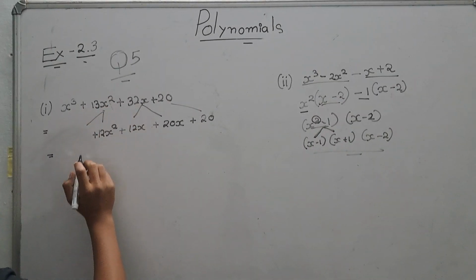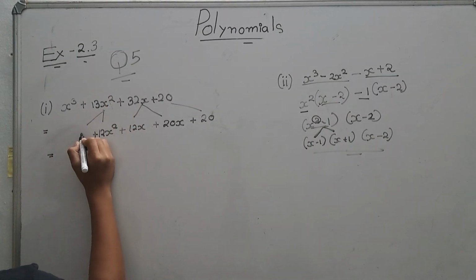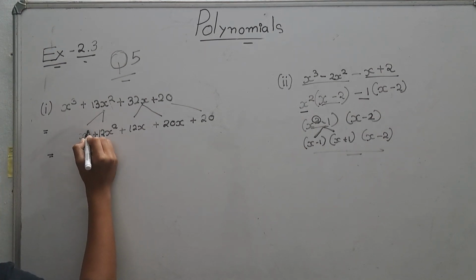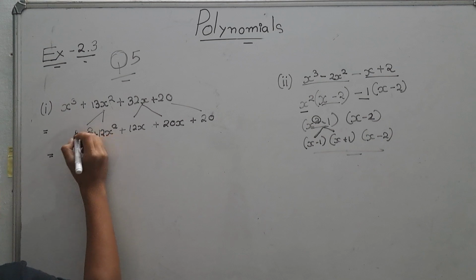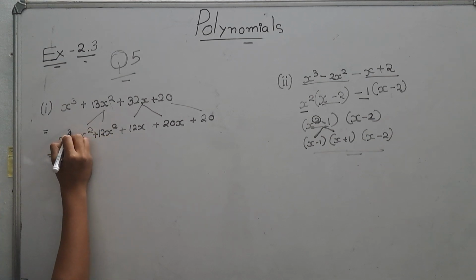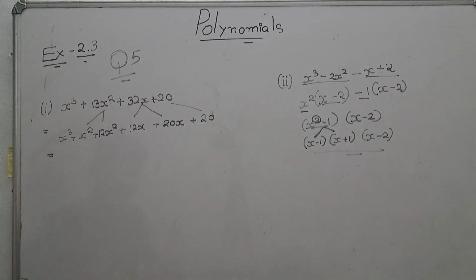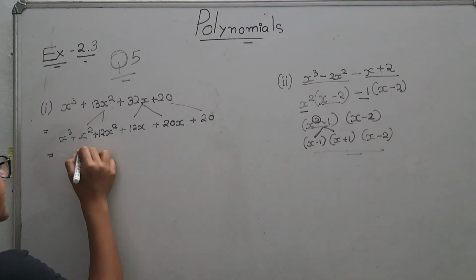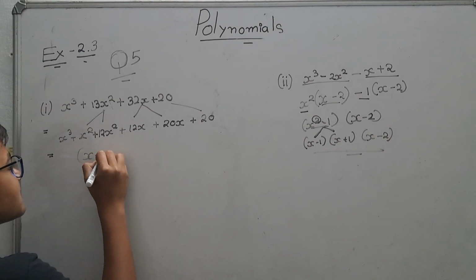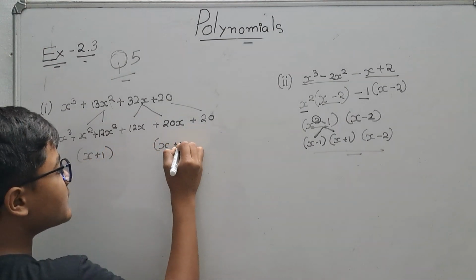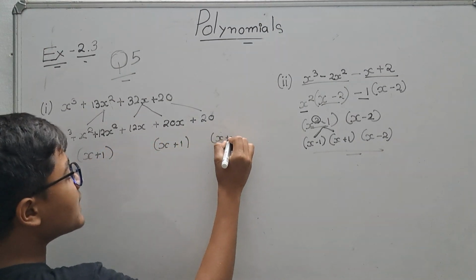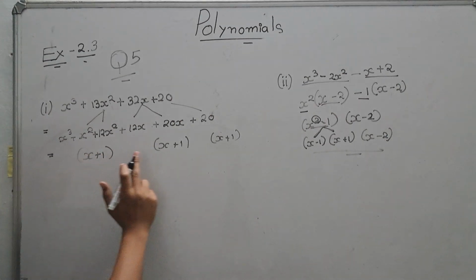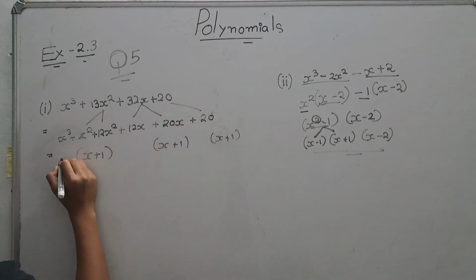Now we have to take 13, so we will add x square, and x cube will be as it is. Now take out the factor. I am getting x plus 1, x plus 1 and x plus 1. If you write it, you have to write x plus 1, x plus 1, x plus 1. That is the trick.